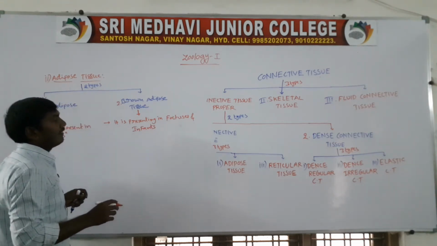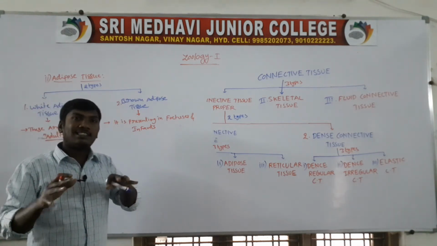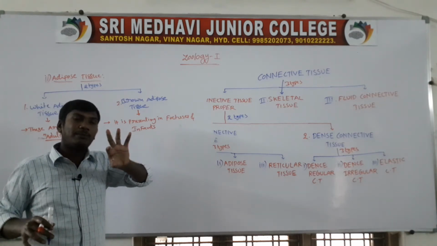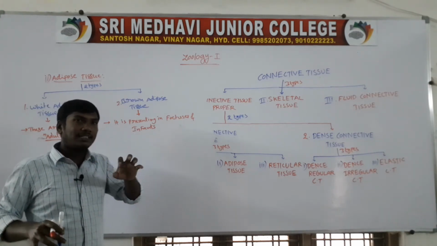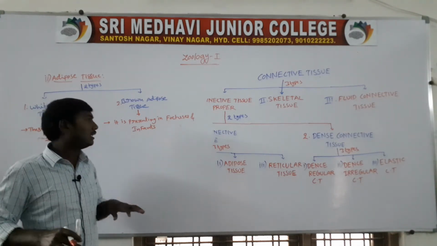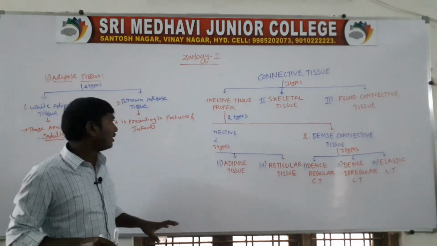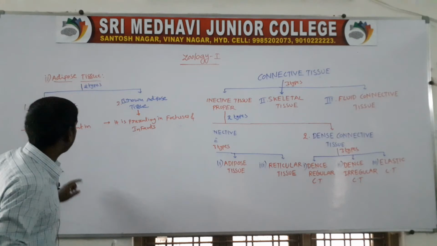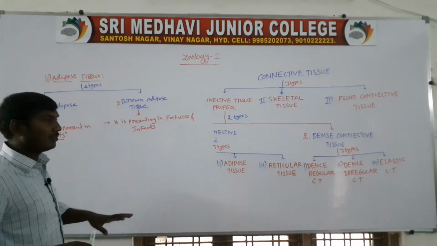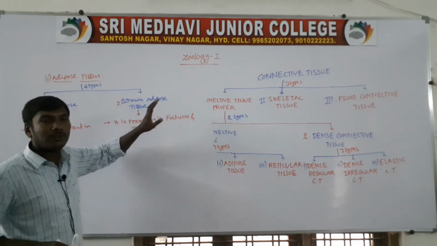Fetus means the embryonic stage in the mother's womb. Infants are small babies. So white adipose tissue is present only in adults, and brown adipose tissue is present in fetus and infants.